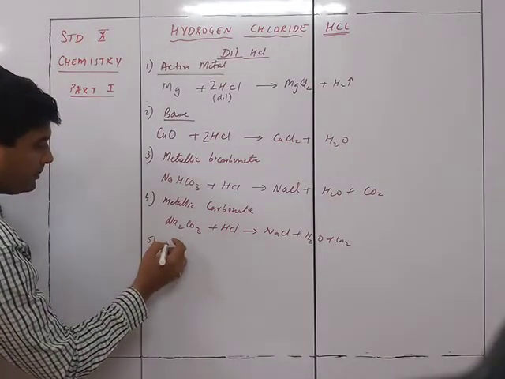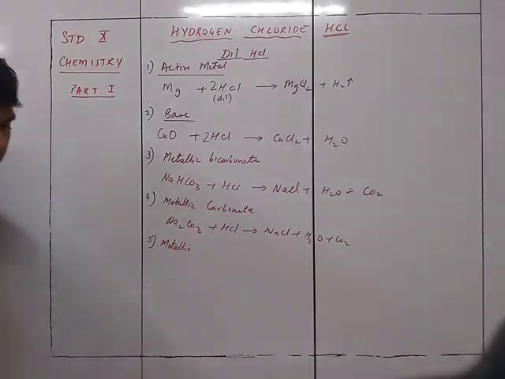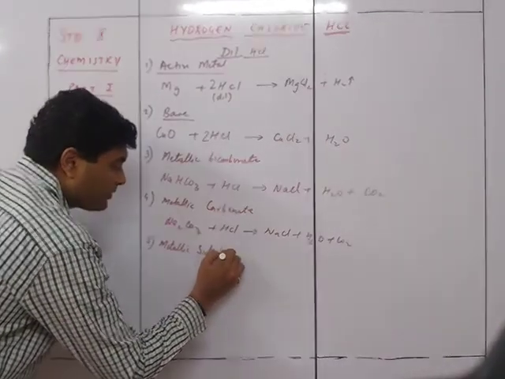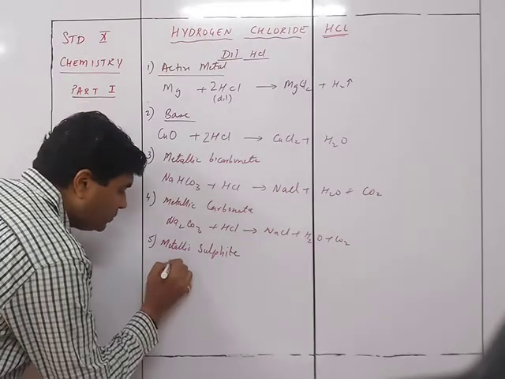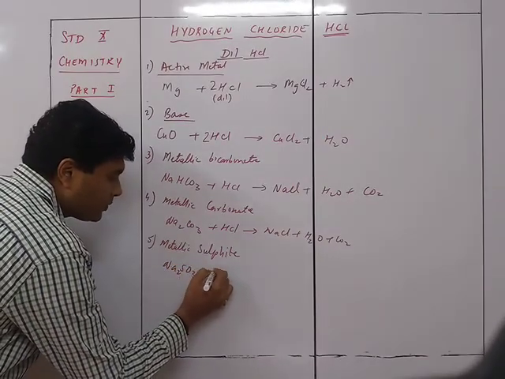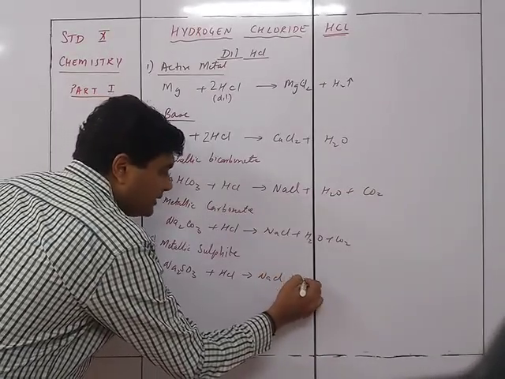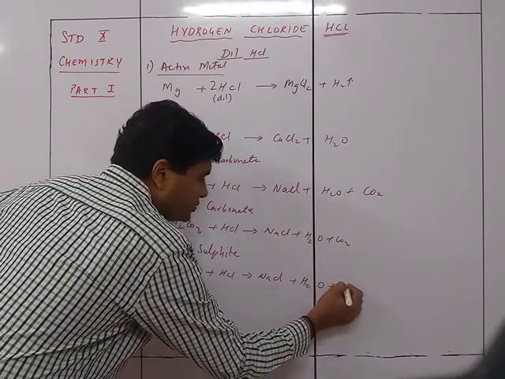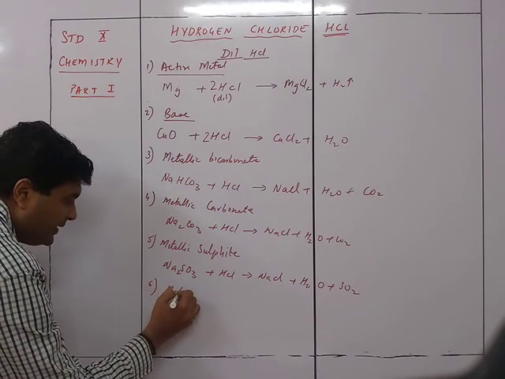The fifth one will be metallic sulfite. We are taking the example of Na2SO3 plus HCl, which will give me NaCl plus H2O plus SO2.